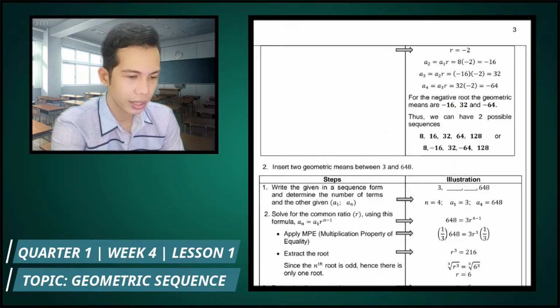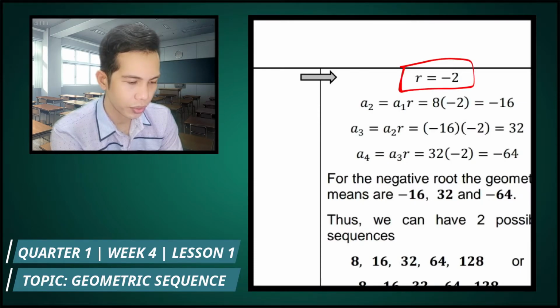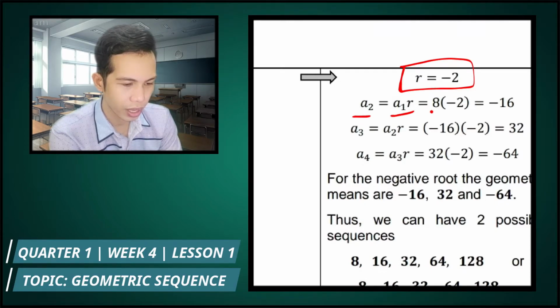Now for the negative root, we have r equal to negative 2. So for the second term, we have a sub 1 times r, which is 8 times negative 2, that is negative 16.